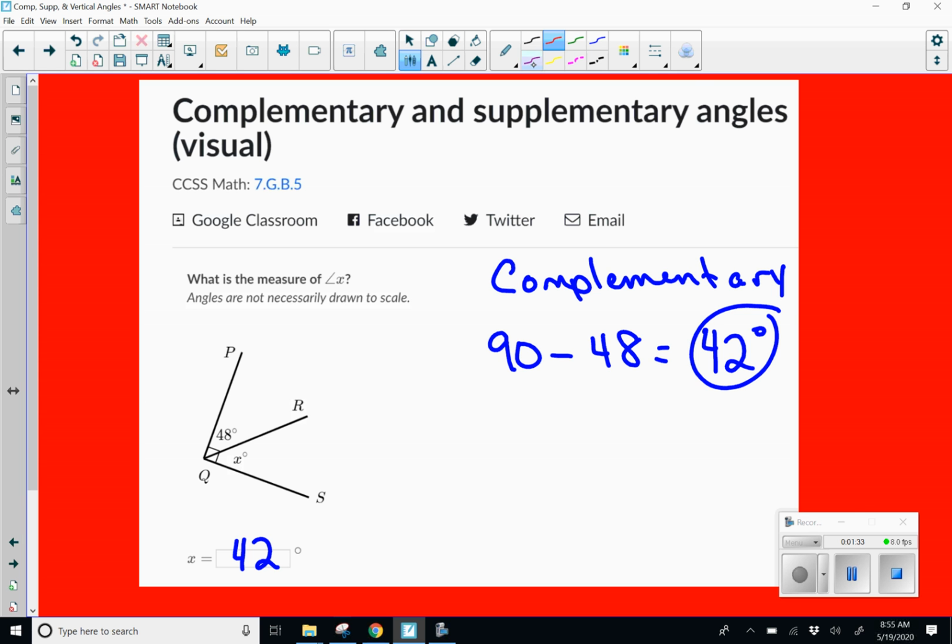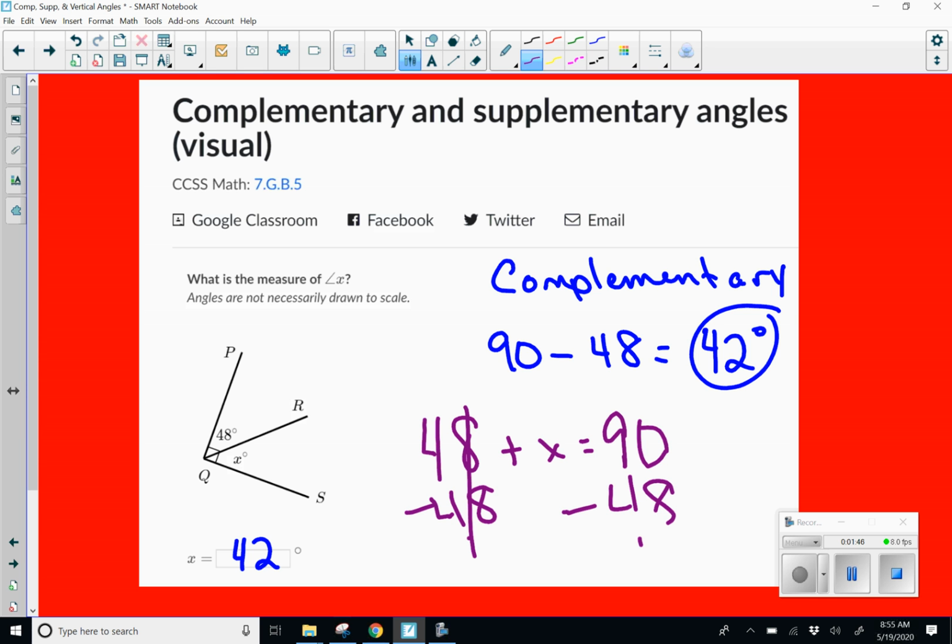If you would like to set it up algebraically, you could do 48 plus x equals 90. And then to get x by itself, you're subtracting 48 on both sides. That's the way you could set it up algebraically. And that leaves us with x equals 42 degrees.